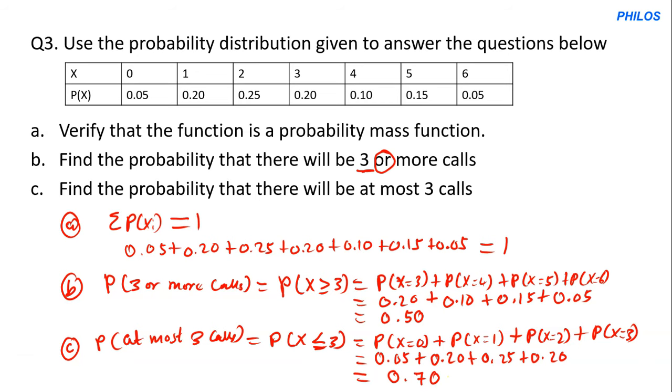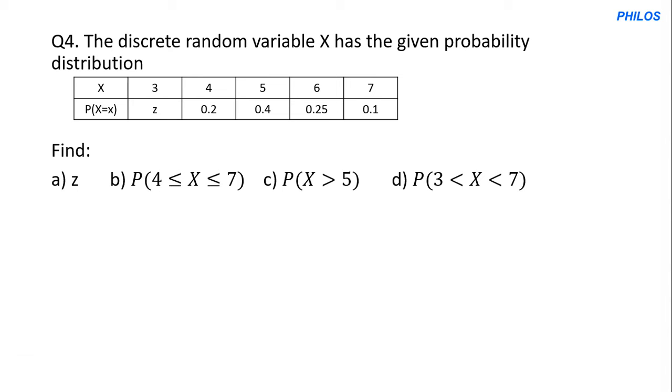Okay, so let's go to the next question. Question 4 says, the discrete random variable x has the given probability distribution. So this is the probability distribution. So find A, the value of z.